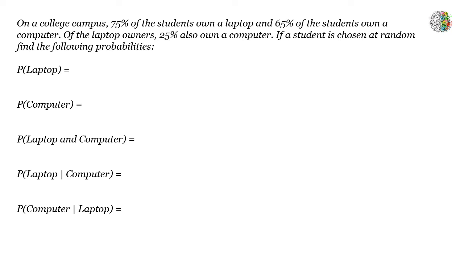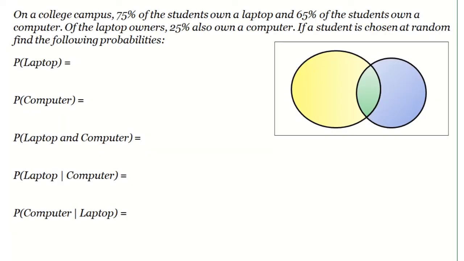The probability of owning a laptop, the probability of owning a computer, the probability of owning a laptop and computer, the probability of owning a laptop given that you already own a computer, and the probability that you own a computer given that you already own a laptop.